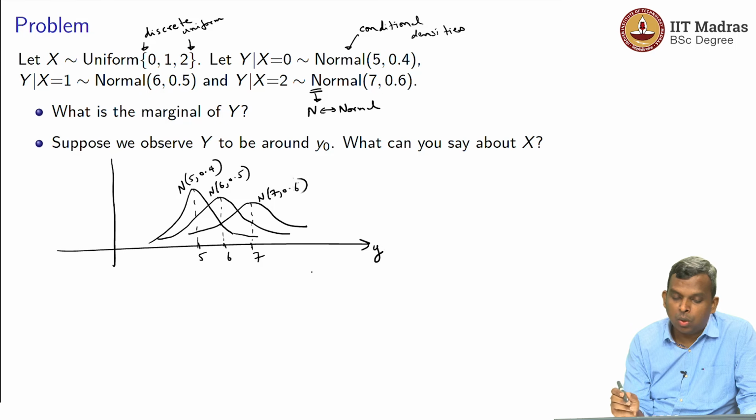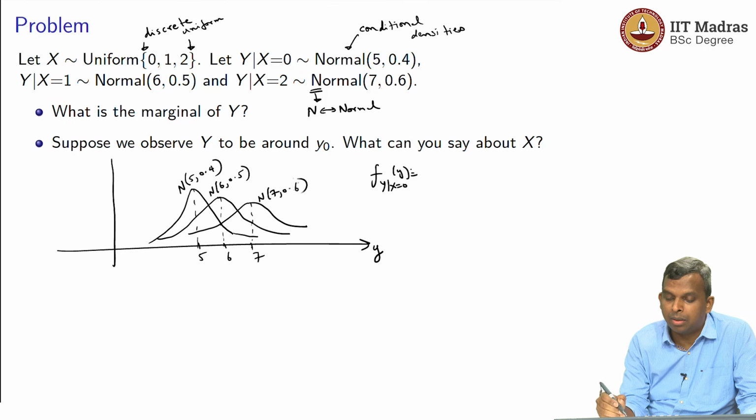Now, how do you do the marginal? So f of y given x equals 0, at y, is the density of the normal: 1 by root 2 pi into 0.4, e power minus (y minus 5) whole squared by 2 into 0.4 squared.